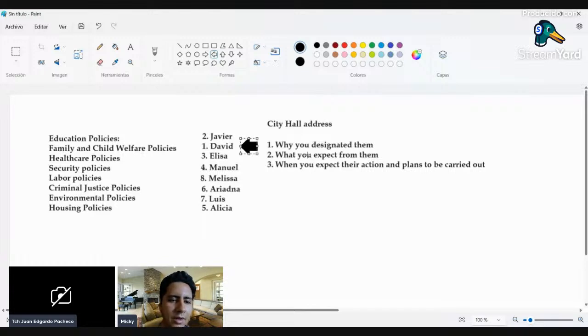The second one, who is in charge of the education policies, is Javier. Javier is known for being one of the most, how can I say, studious and ambitious persons in terms of knowledge. I know that he is a person who has dedicated all his life to education, so I know that he will be the perfect person to discharge this. As with David and all the members here, I have a lot of expectations, and I know that you can cover all of them.